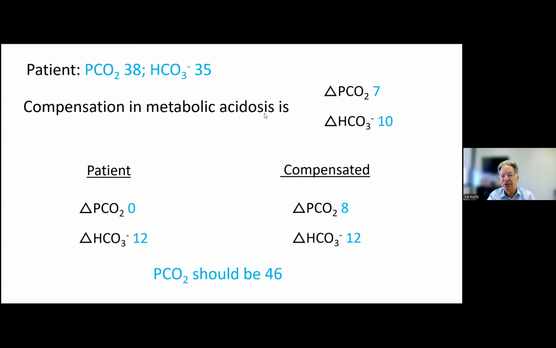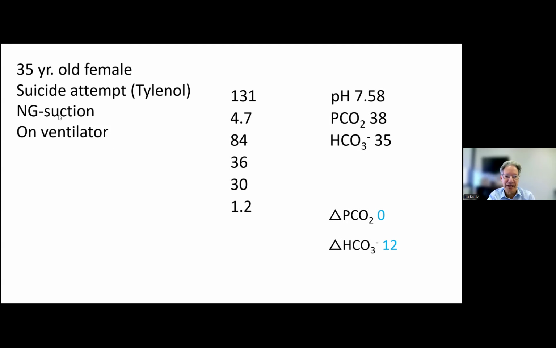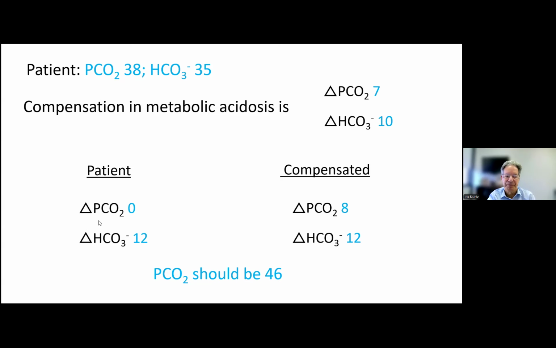If this is a metabolic alkalosis, for every 10 increase in the bicarbonate, the PCO2 should go up by 7. So in our patient, the bicarbonate went up by 12, and it's likely again from the NG suction, but the PCO2 didn't change. PCO2 should have gone up by 8, which would be a ratio of 7 to 10. So 8 to 12 is the same as 0.7 or 7 to 10.